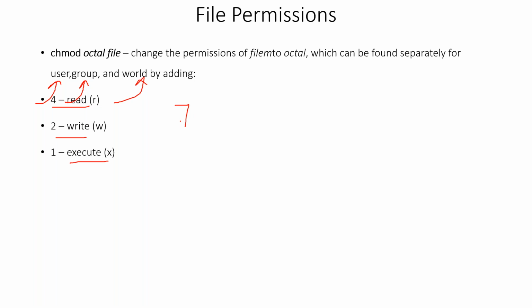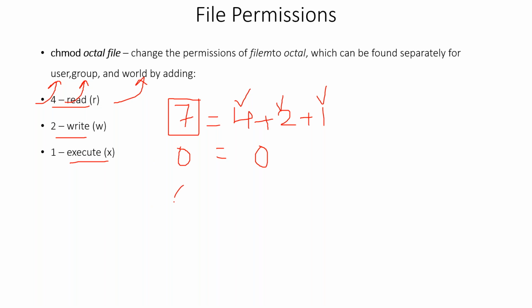Now, if I write 7, what does it mean? It means 4 plus 2 plus 1. That means a user who is given 7 can read, write, and execute. If this is 0, no permission at all. How does the number 700 work?